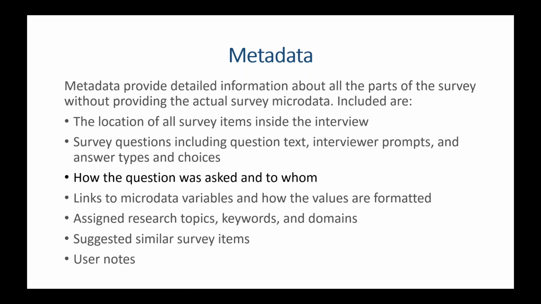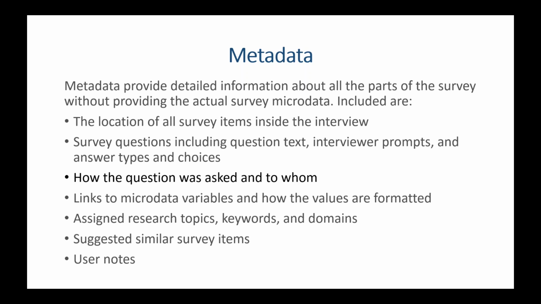We include links to the microdata variables and how the values are formatted. So for instance, if you're looking at a question, which might be called question 26 inside of a survey, we would tell you that the data that corresponds to that question in the data set that you would download is stored in, like, lowercase q25 underscore.